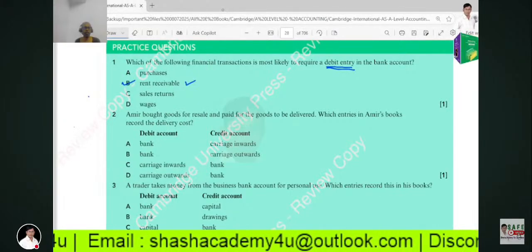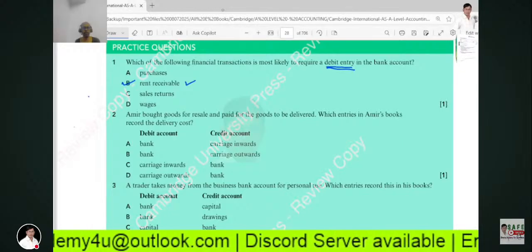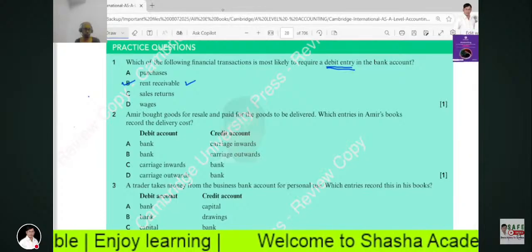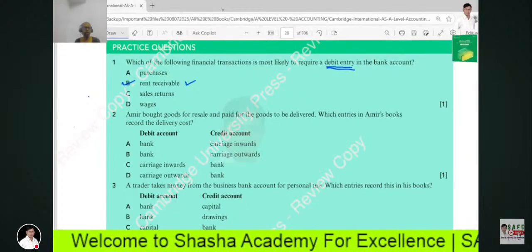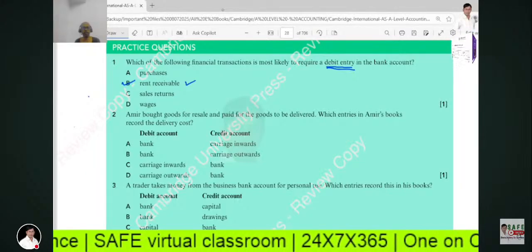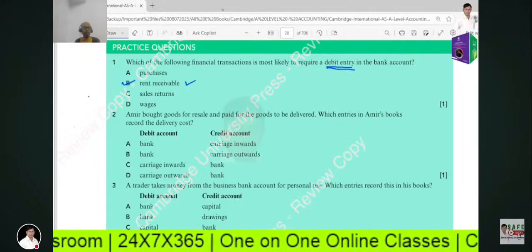Amir bought goods for resale and paid for the goods. Which entries in the receipts? Delivery cost. Other delivery cost.